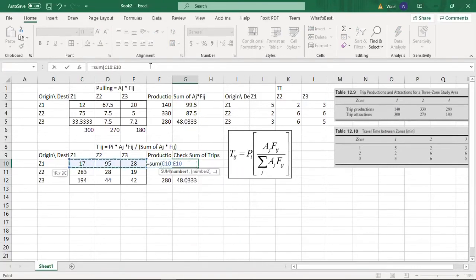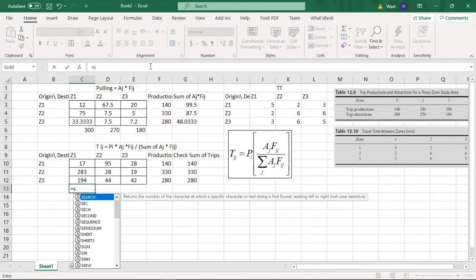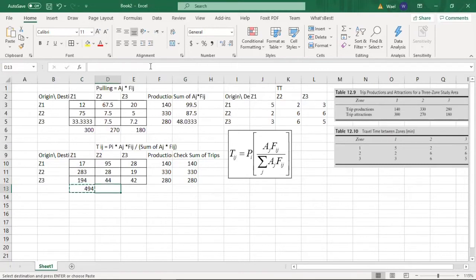We are supposed to get basically the same production. Okay, perfect, we are getting the same production. Now let's check on the attraction. Are we getting the same attraction or more? Equal sum. Oops, now it's higher.